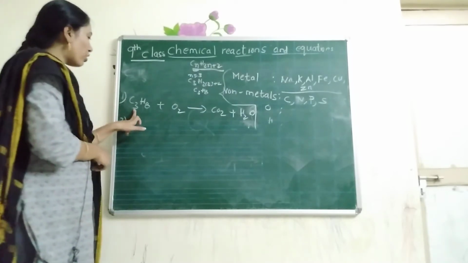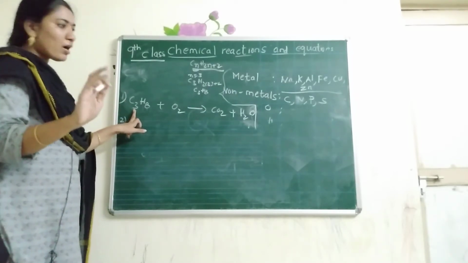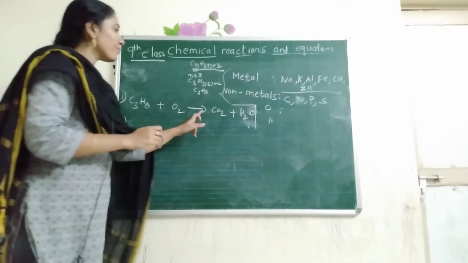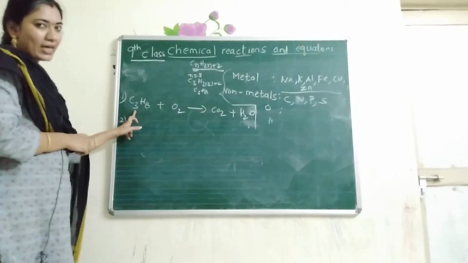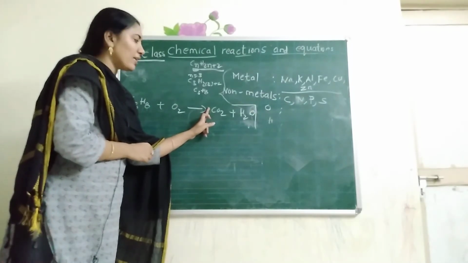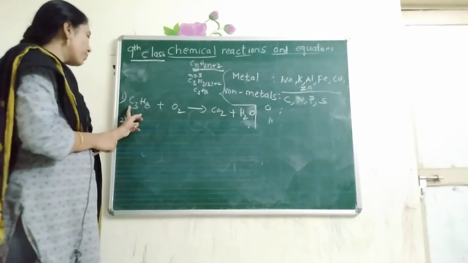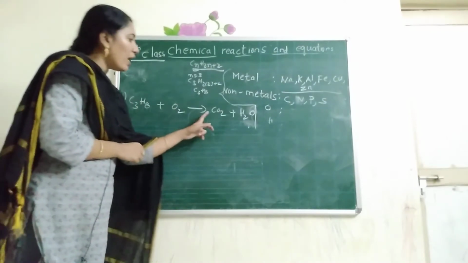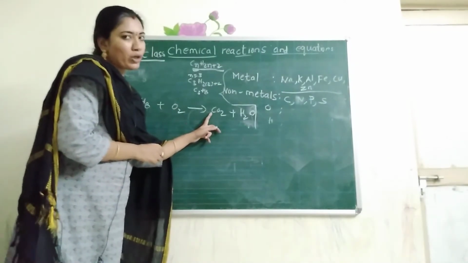How many carbons are there here? 3 carbons on the reactant side. So we have to put the coefficient 3 here. Then the number of carbons on the reactant side is equal to the number of carbons on the product side.